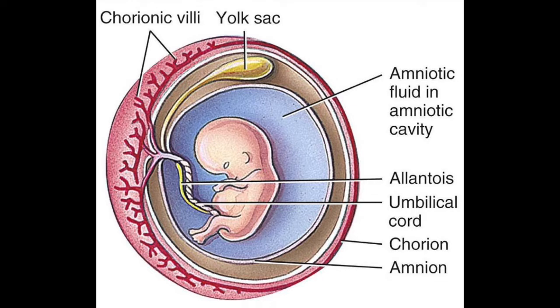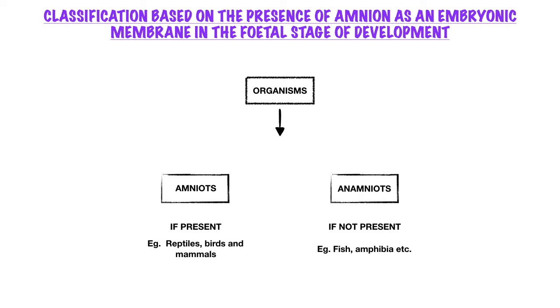The amnion protects the embryo and the amniotic fluid acts as a shock absorber, and thus prevents the embryo from desiccation. Depending on the presence of the amnion, organisms can be classified into amniotes and anamniotes. It is present in the amniotic class in the developmental stages of the fetus until birth.